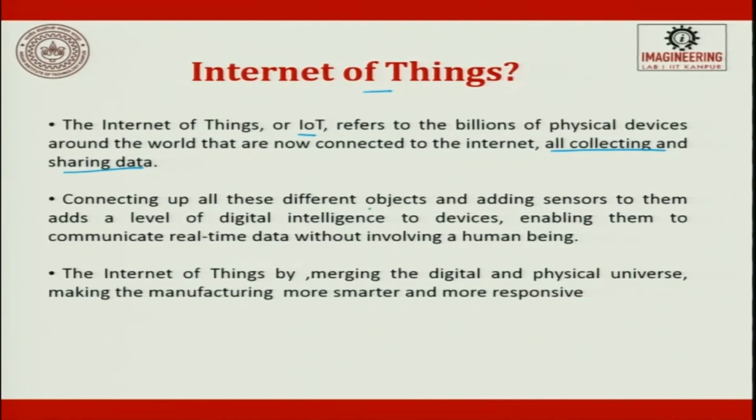Connecting all these different objects and adding sensors to them adds a level of digital intelligence to the device. Once I have all the data, I run a small program on top of it and analyze the data. The moment I analyze, the next level of digital intelligence comes to devices, enabling them to communicate real-time data without involving a human being.